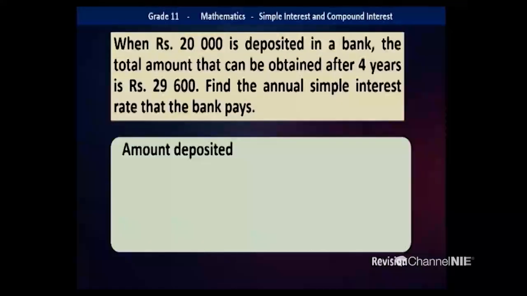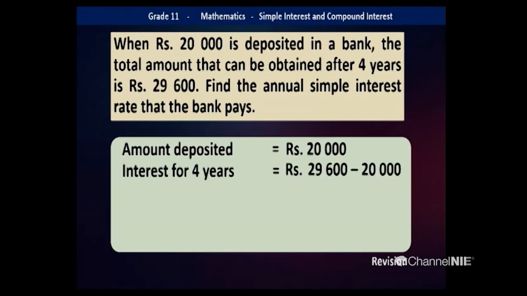According to this question, 20,000 is deposited and after 4 years the amount is altogether 29,600. Therefore, the total interest for 4 years is 29,600 minus 20,000. The answer is 9,600 for 4 years.